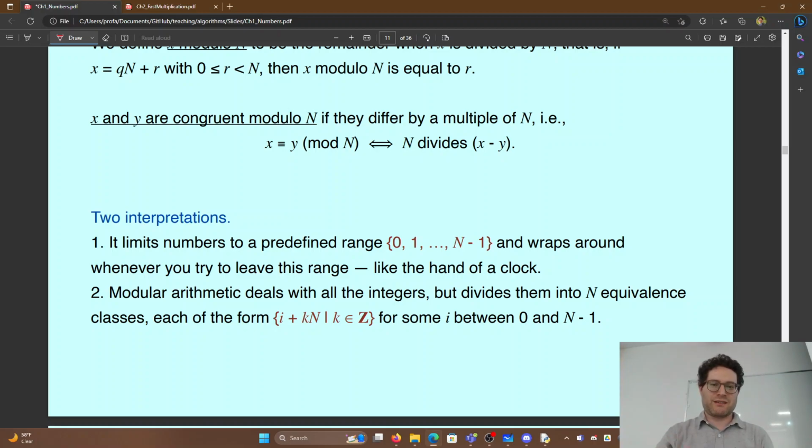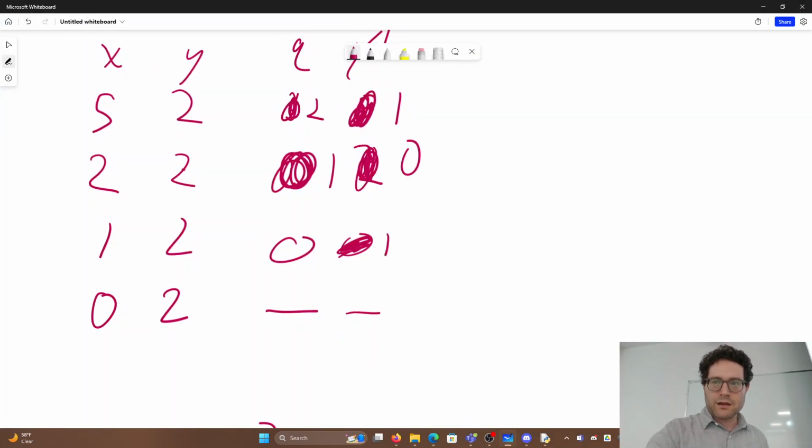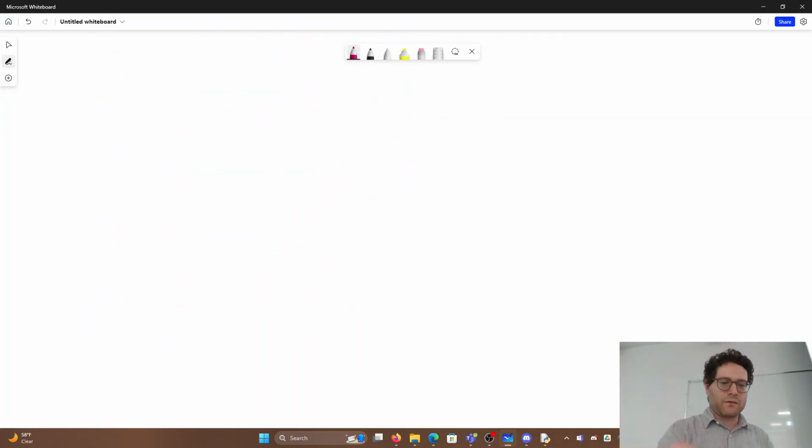This is what's referred to as a congruence class, by the way, by your book, right? The idea here is that, so let's talk about the space mod 3.